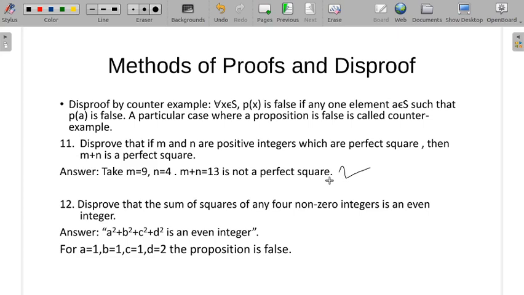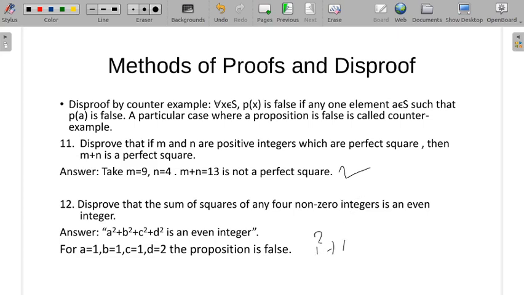Another one: disprove that the sum of squares of any four non-zero integers is an even integer. That means if you take four non-zero integers, square them and add them, it will become an even integer. We have to give a counter example. So we take a equal to 1, b equal to 1, c equal to 1, and d equal to 2.